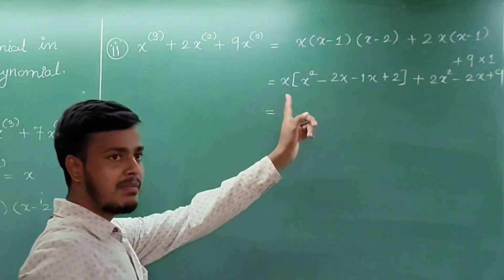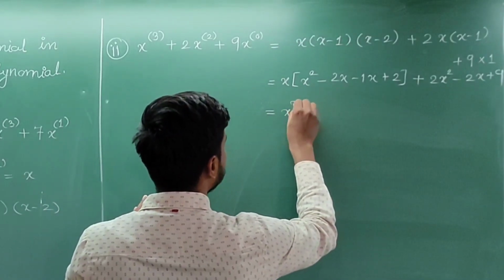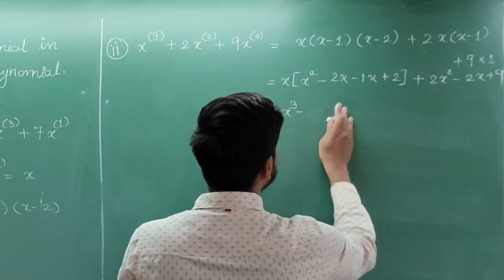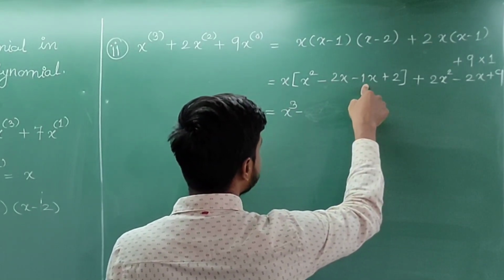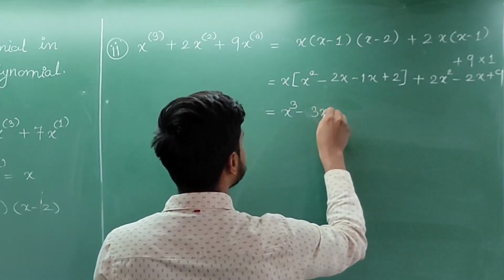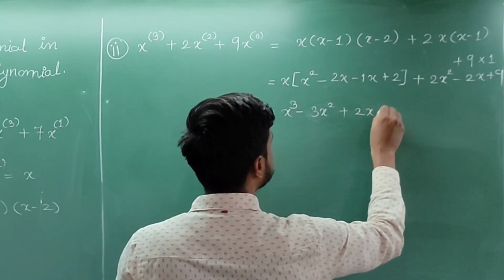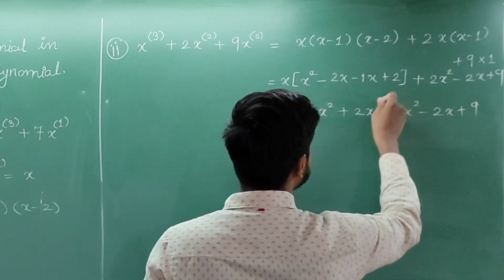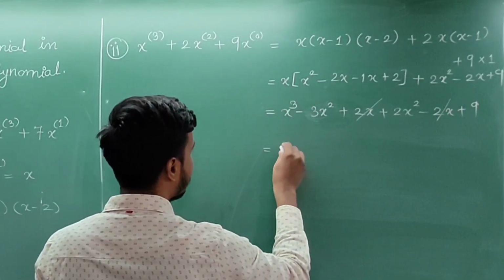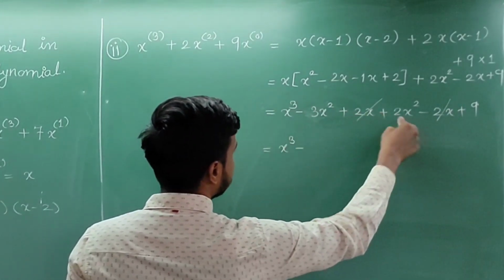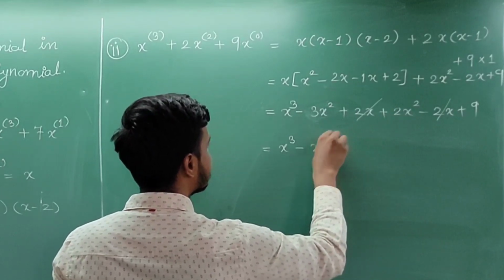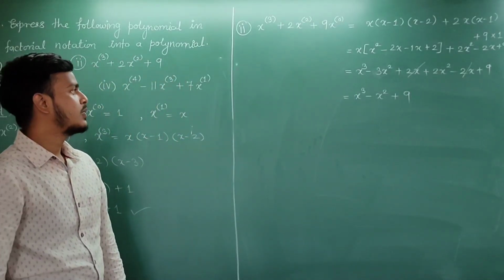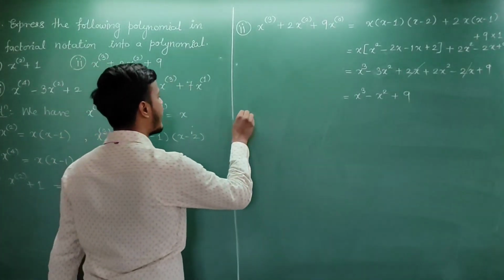Now this is multiplied by this x, very elementary things: x into x cube minus 2x squared minus 2x minus 1x, which is minus 3x squared plus 2x, plus 2x squared minus 2x plus 9. So this gets cancelled with this. So at last we remain with x cube minus x squared plus 9. Okay, so this is the second one.